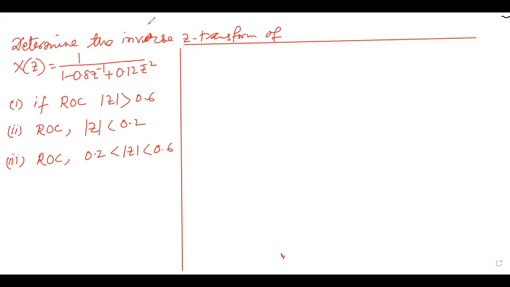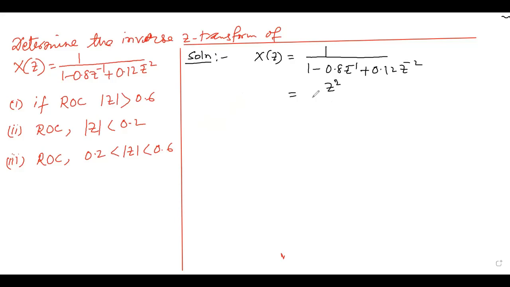Now we know, solution. Here X(z) equal to 1 by 1 minus 0.8 z inverse plus 0.12 z to the power minus 2. First, multiply both numerator and denominator by z square.